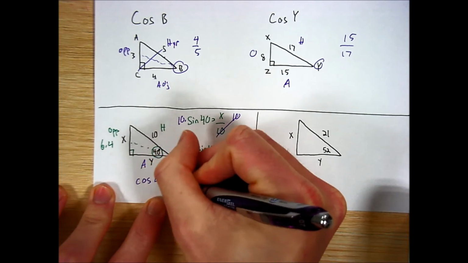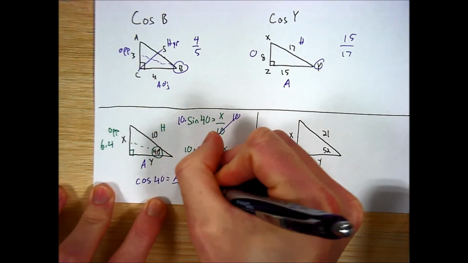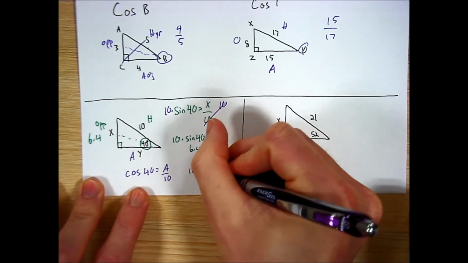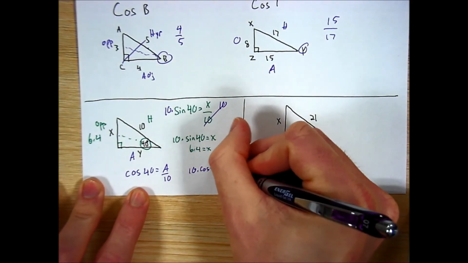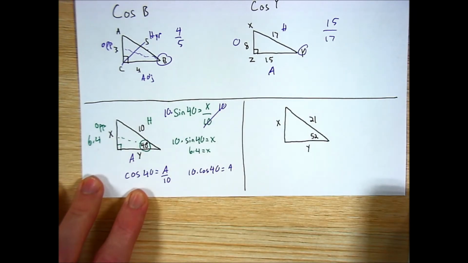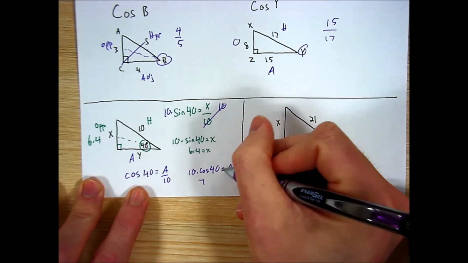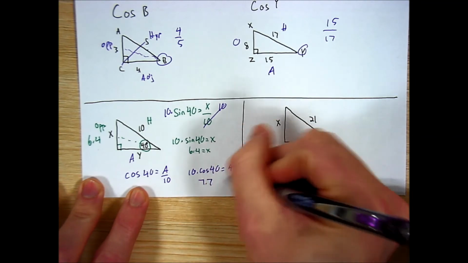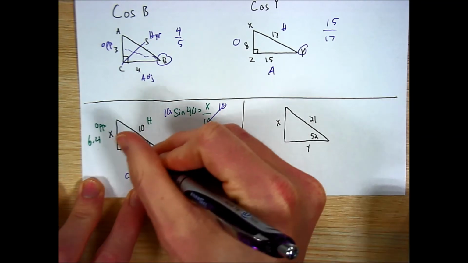So cosine of 40 equals a over 10. We'll multiply both sides by 10. 10 times cosine of 40 should equal a, and we'll get 7.7. Well, I guess it wasn't a, it was y.